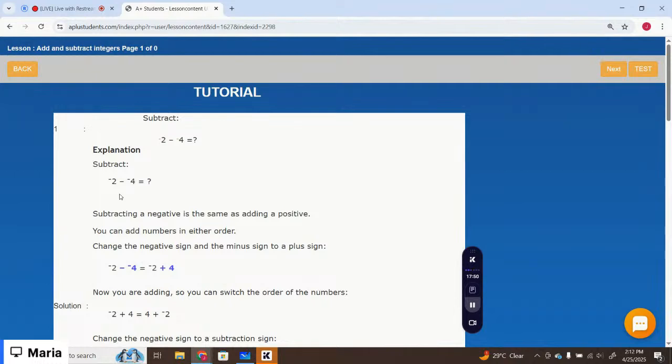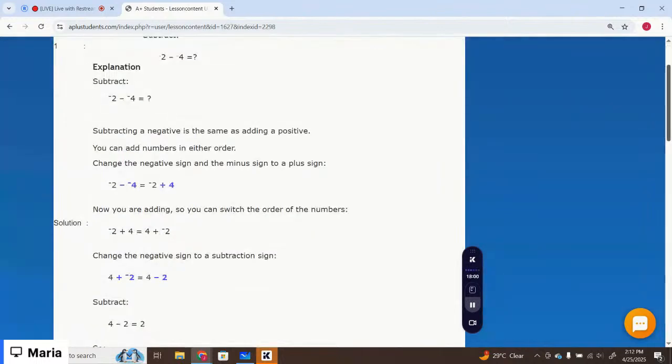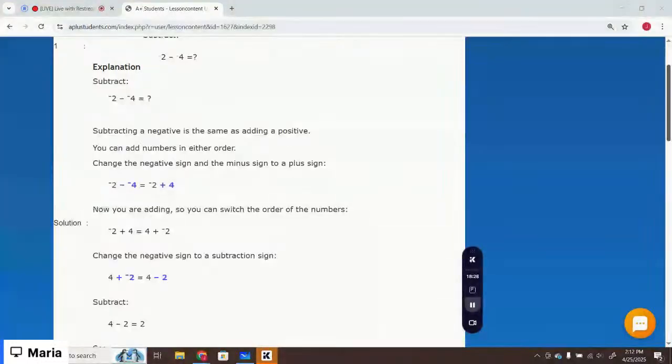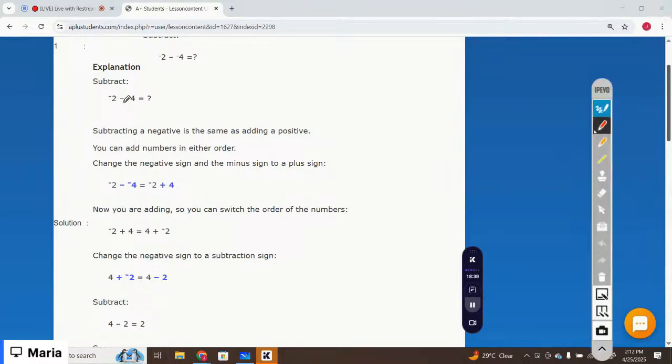Now we're going to learn how to add or subtract integers. The first example is -2 minus -4. Just look at this negative sign.